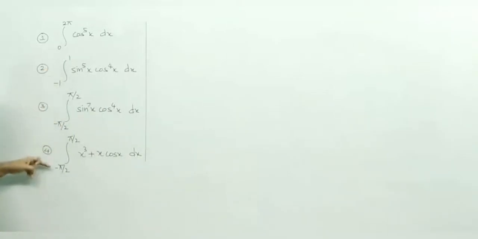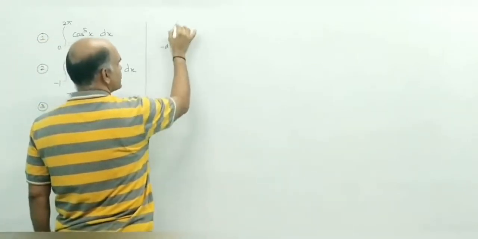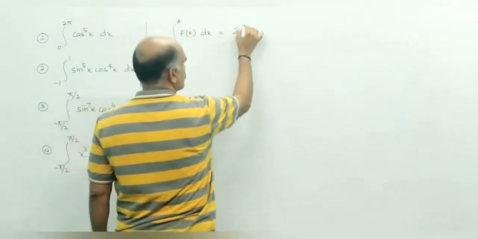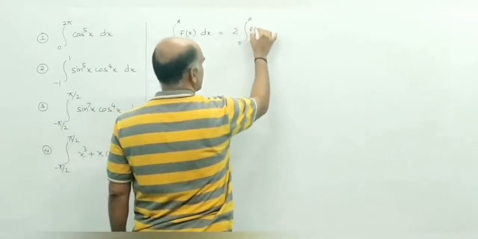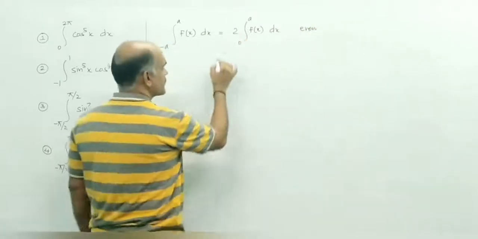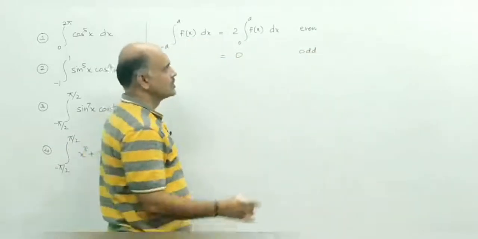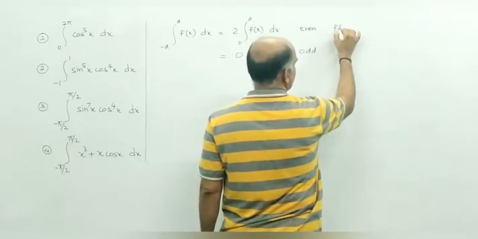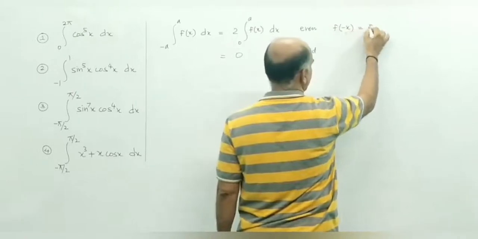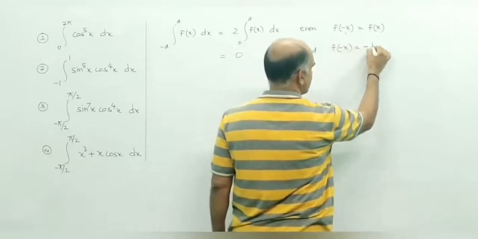This is based on the last property, that is integral from minus a to a of f of x dx is equal to 2 times 0 to a f of x dx if function is even, and is equal to 0 if function is odd. So when do we say function is even? f of minus x is equal to f of x, and when we say it is odd, f of minus x is minus f of x.